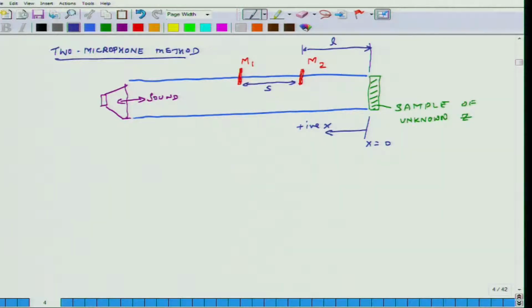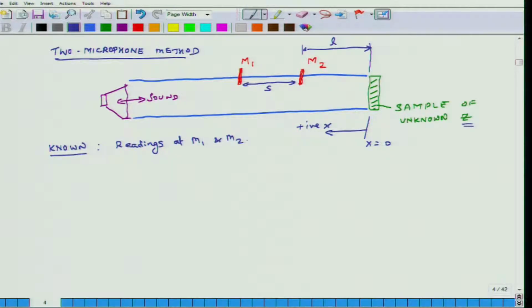So my aim is to find the value of Z. What is known is the readings at microphone 1 and microphone 2, because once I play the sound, I can record the signals at the M1 and M2 locations. So readings at M1 and M2 are known, and Z is unknown.